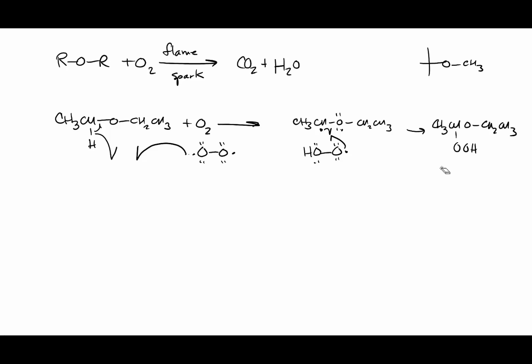And this is called a peroxide. Hydrogen peroxide is HOOH. Whenever you have organic alkyl groups on either side, it's called an organic peroxide. So this would be an ether peroxide. This process will occur over time.